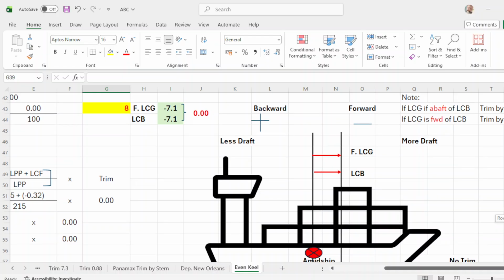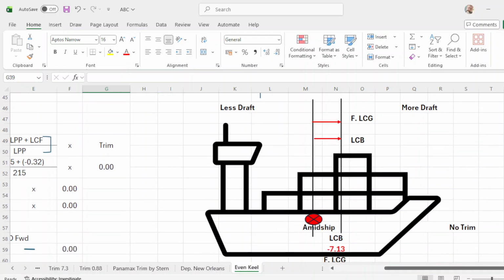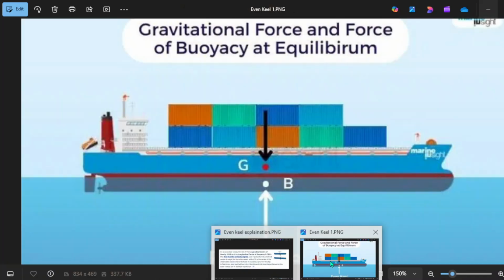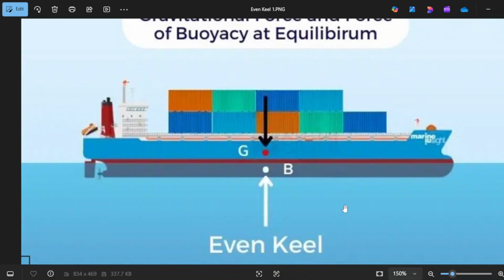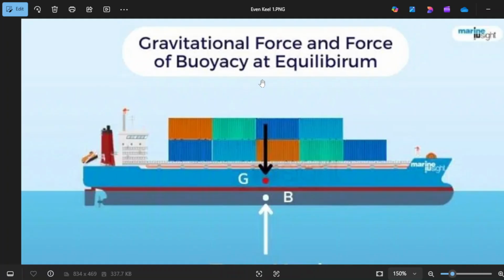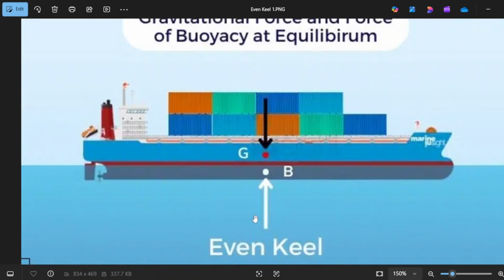Now I'll explain it, guys. With this, this is an even keel vessel. This is gravitational force and force of buoyancy at equilibrium. So if you're even keel, your LCG is the weight of the entire vessel plus the cargo. All weights, the gravity of the weight, are putting the vessel down, while the buoyancy of the water is pushing the vessel up.